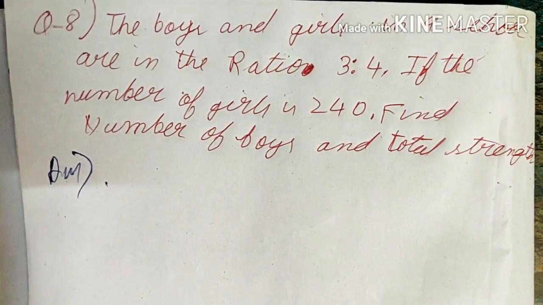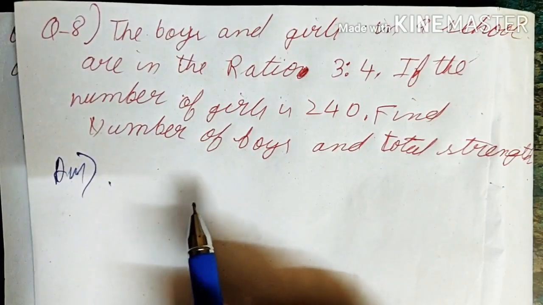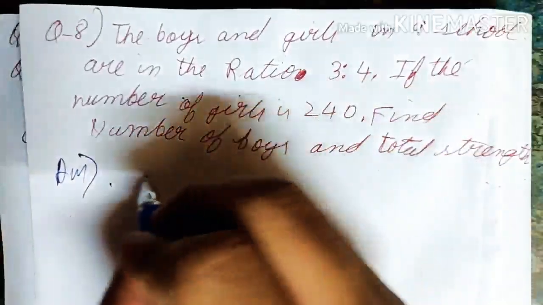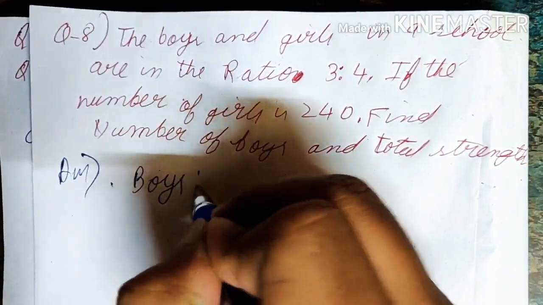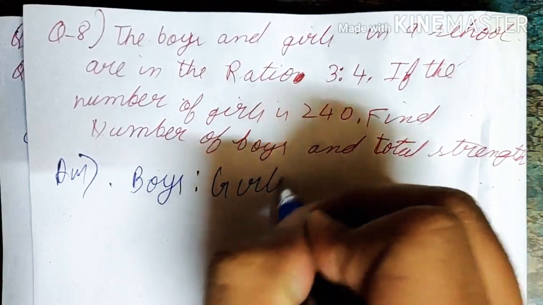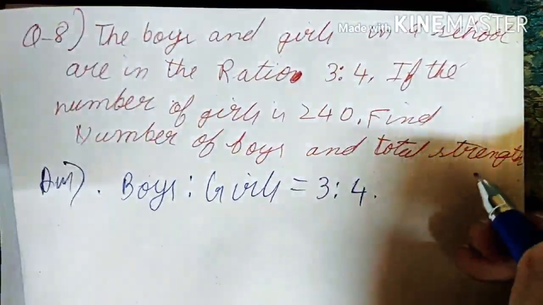So next question is question number 8, which says that the number of girls and boys are in ratio 3:4. That boys is to girls is equal to 3:4.